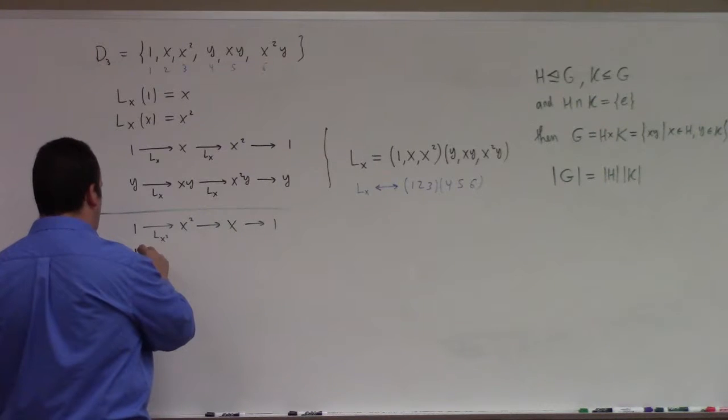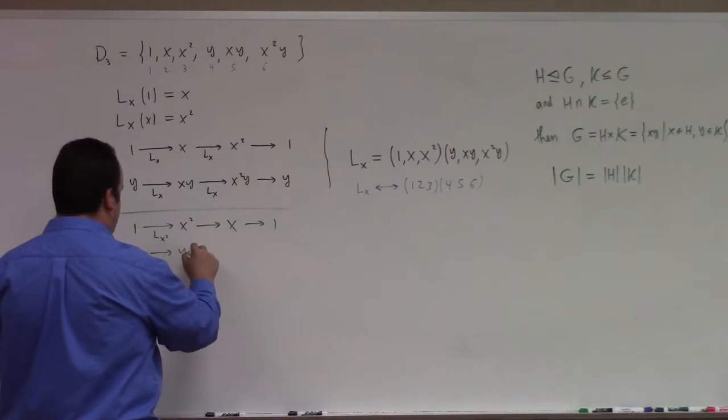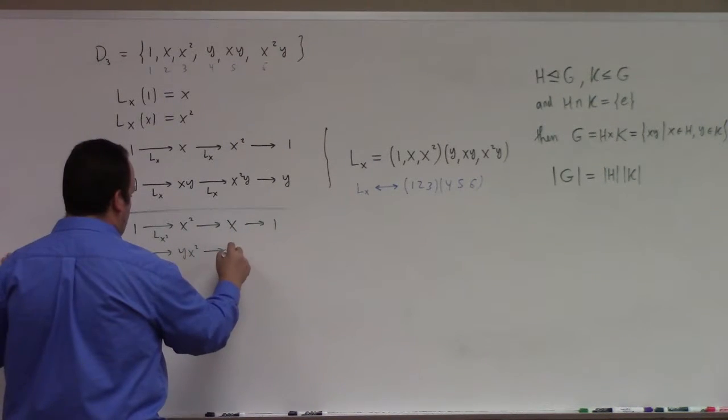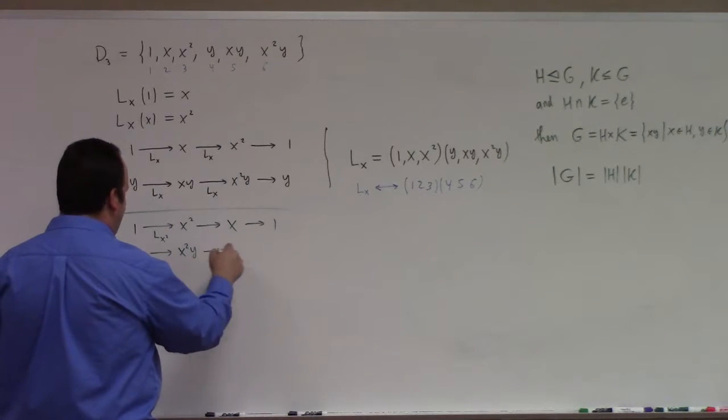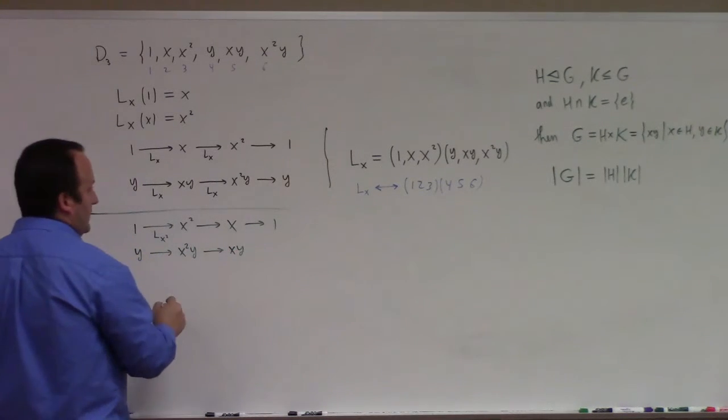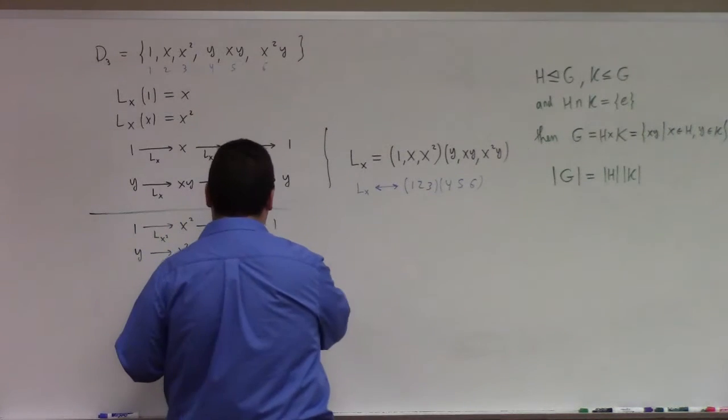And then, so you go y goes to yx squared goes to, oh, I'm sorry, x squared y, it's been a long day. And then xy? Oh, back to y again.